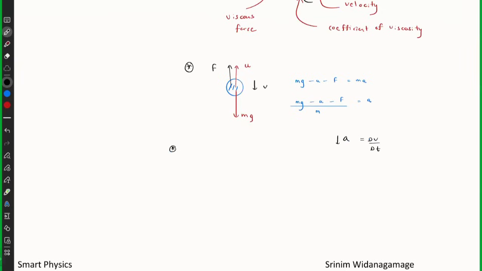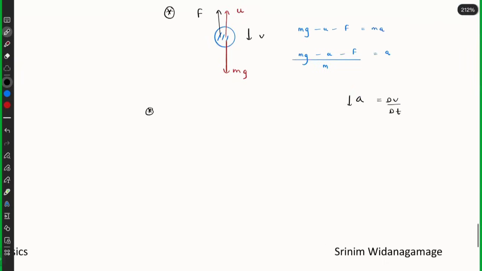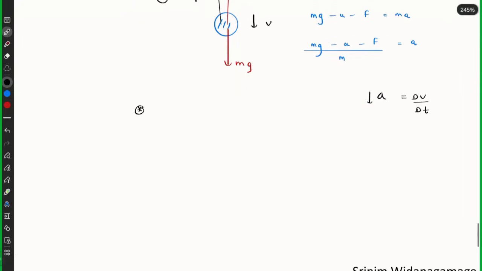What happens when the velocity increases? So let's catch up with the things that we have talked about. So let's write down the things, right?